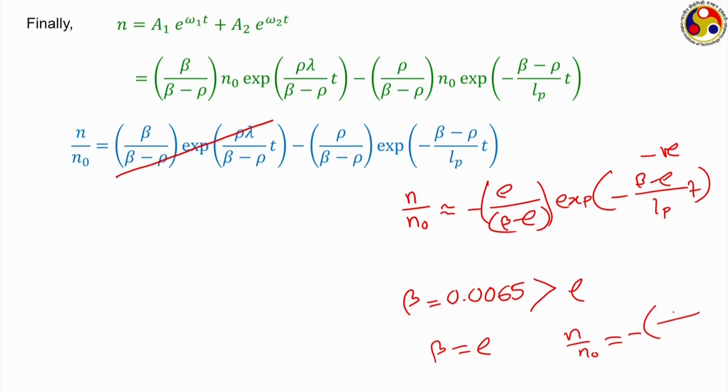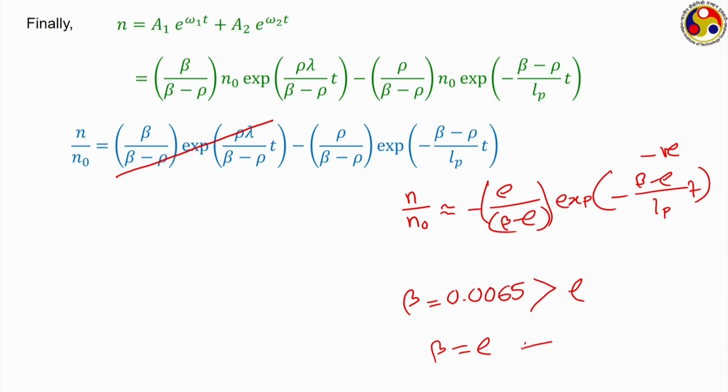Of course, it leads to rho by beta minus rho into e to the power 0, which is mathematically an impossible situation because the denominator becomes 0, but we can seek a solution from other means. This represents that the rate of neutron growth will remain the same and we can attain a critical situation.